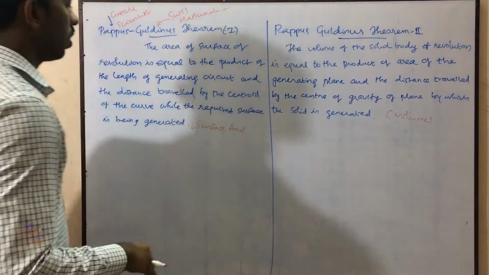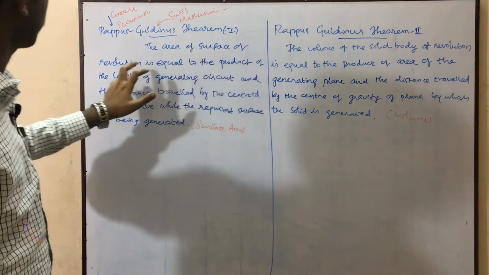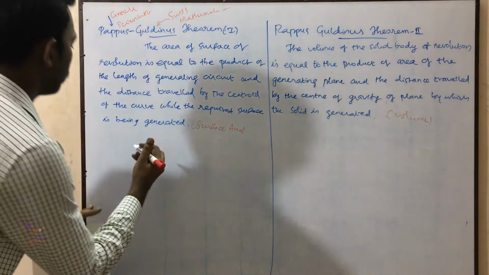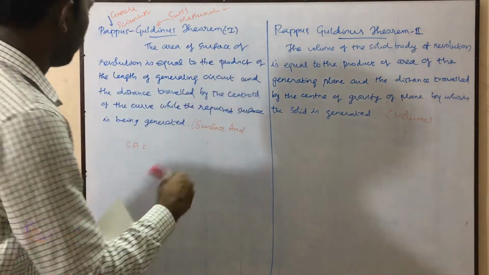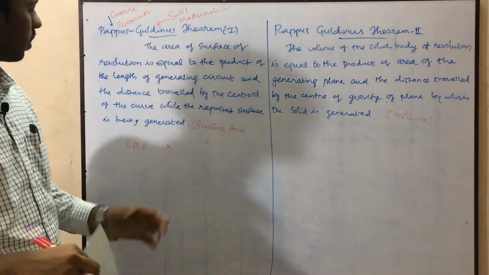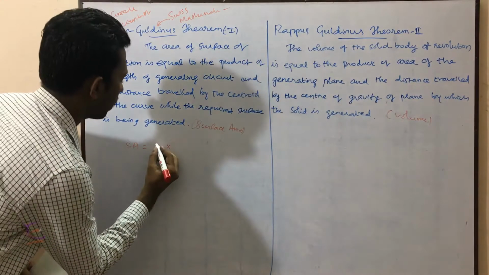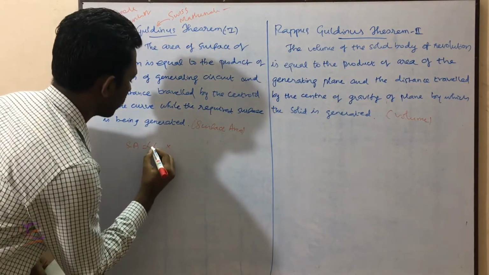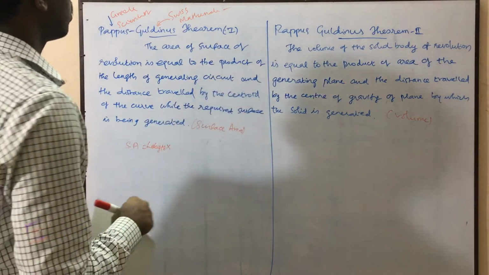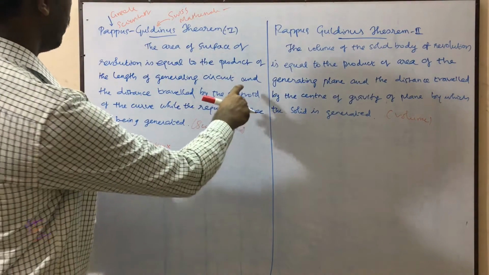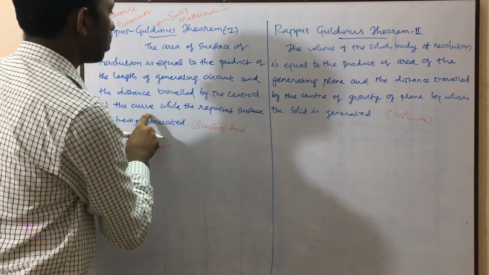Here we can say that the area of the surface of revolution is equal to the product of the length of the generating curve and the distance travelled by the centroid of the curve.